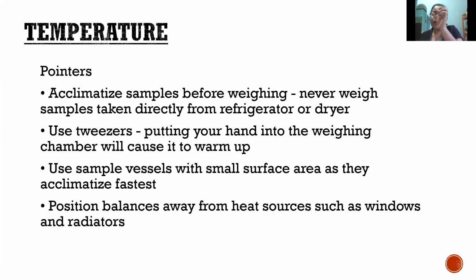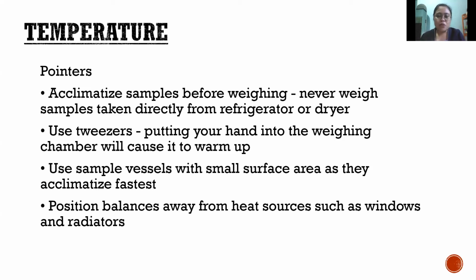If we don't have tweezers, which we don't use in the lab, you can use your gloves, okay? Use sample vessels with small surface area as they acclimatize fastest. It can be a weighing bottle or a small beaker, because they acclimatize faster. When you say acclimatize, they should have the same temperature as the surroundings.